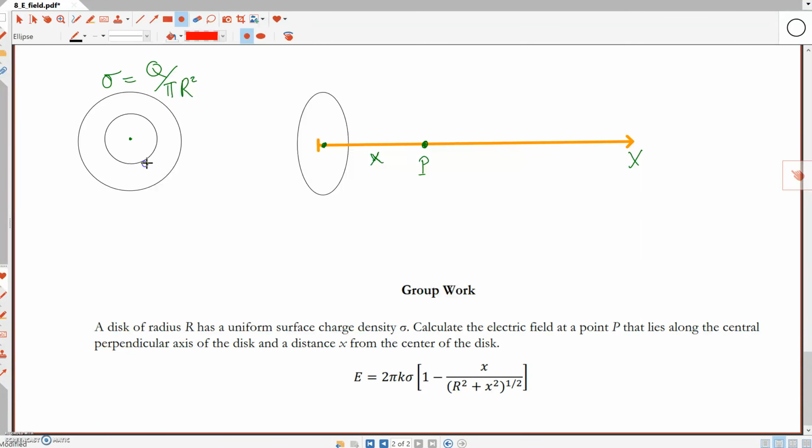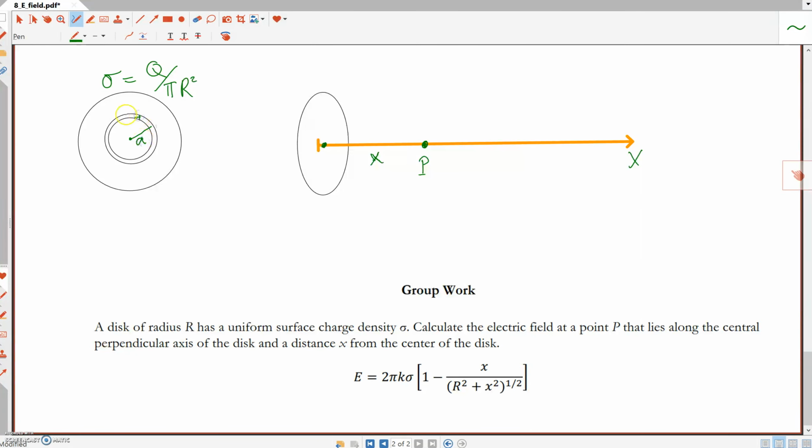So here is a little ring. Centered. So here's my total disc, right? And I've got a little random ring in here. This ring has a radius A, just like in the last problem.